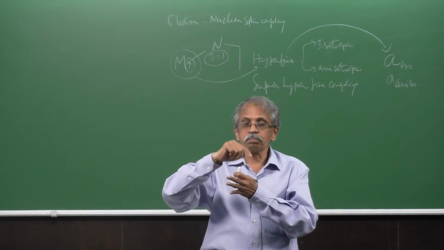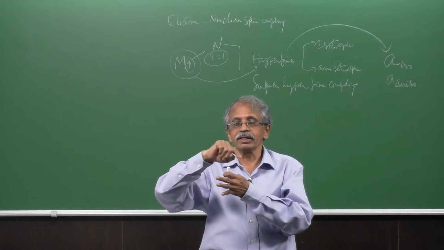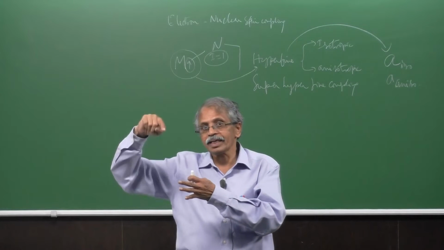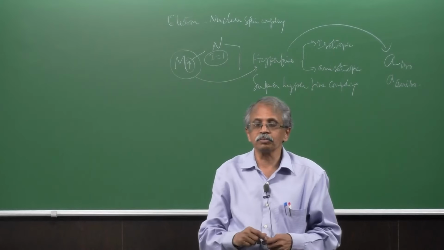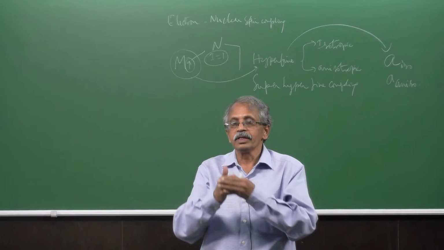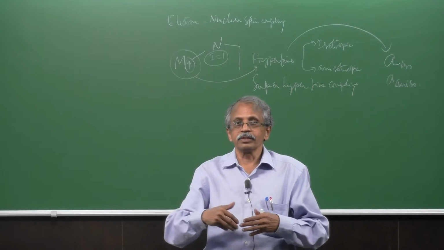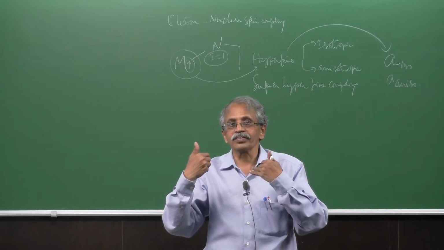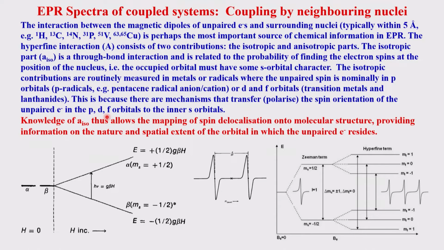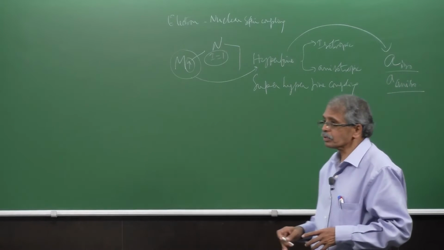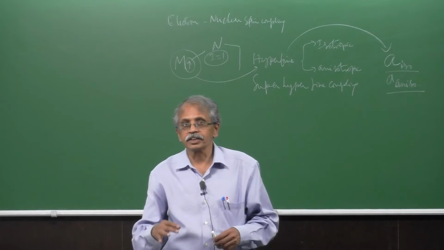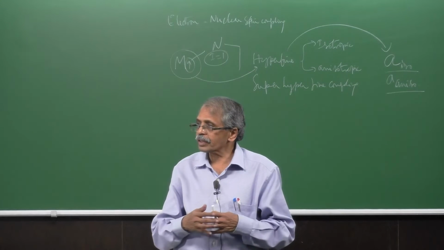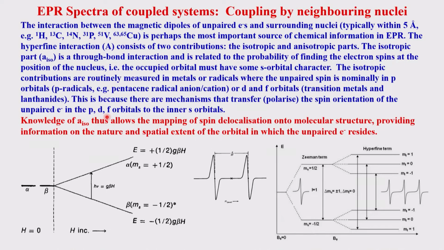So the unpaired electron that is present at the metal, how the s electron density felt at that atom will show the coupling of it. That means you will have a better spin polarization of the electron density at the nucleus. So these values will allow one to understand the spin delocalization and the molecular structure, etc., and therefore we can understand the structural aspects as a whole for the system.